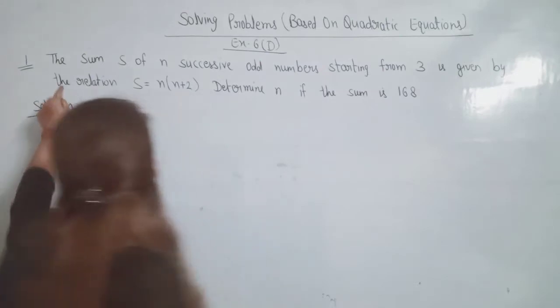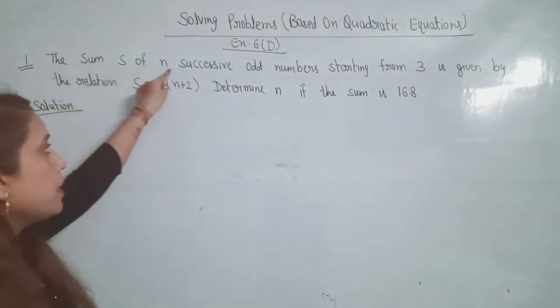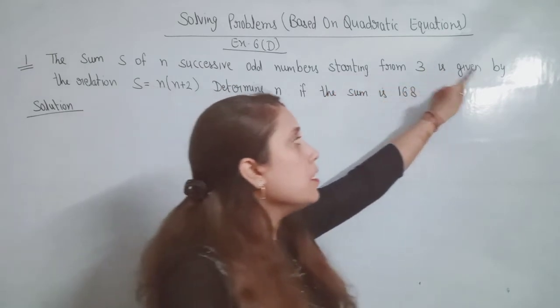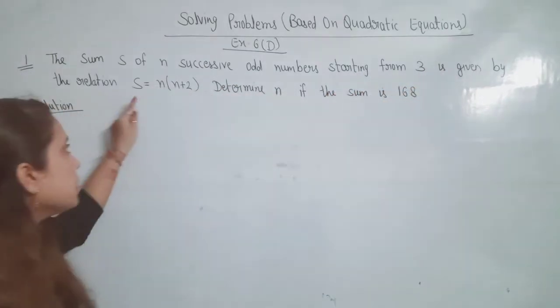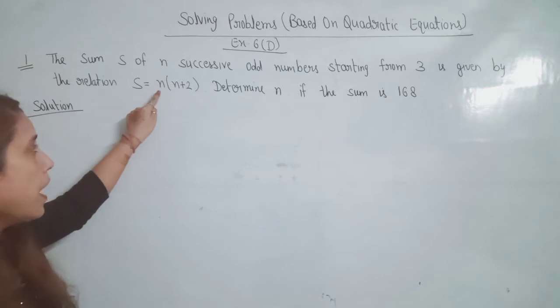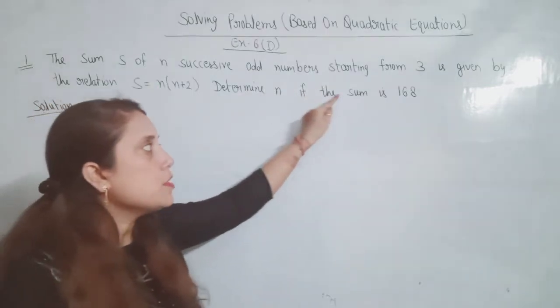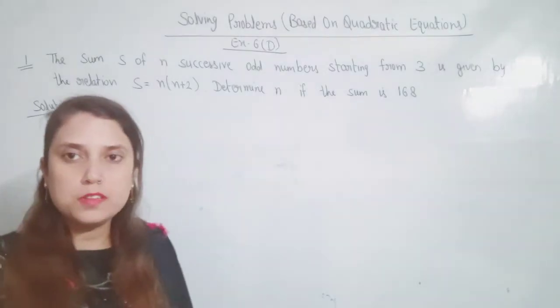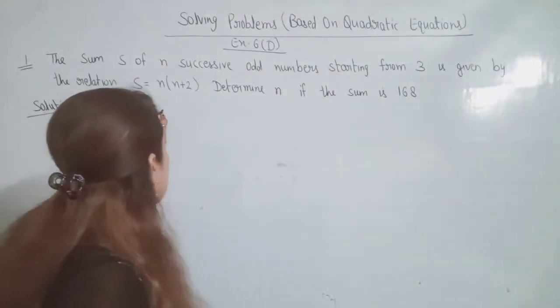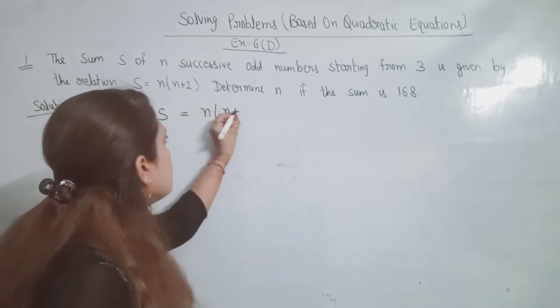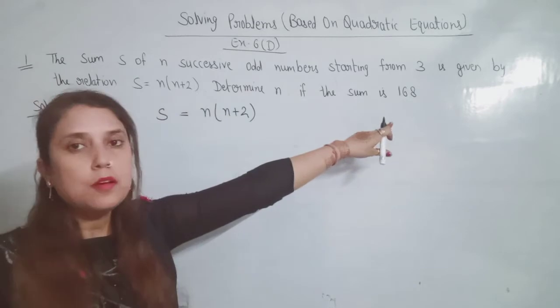The question says the sum s of n successive odd numbers starting from 3 is given by the relation s is equal to n into n plus 2. Determine n if the sum is 168. So first we write down the relation given: s is equal to n into n plus 2, and the sum is given as 168.